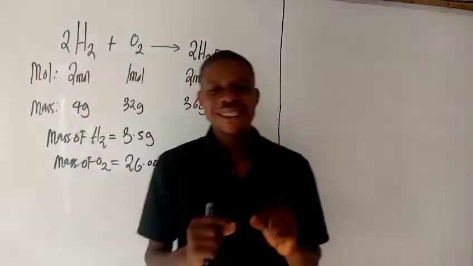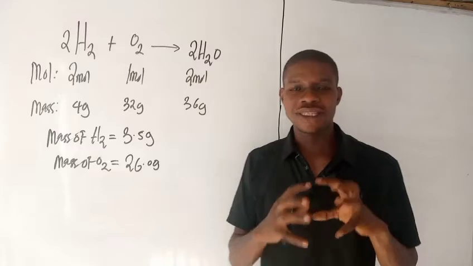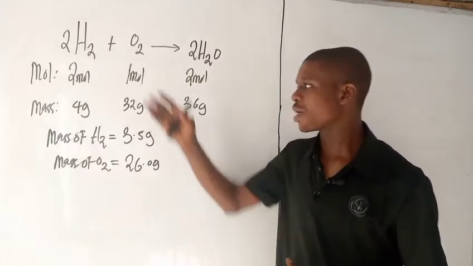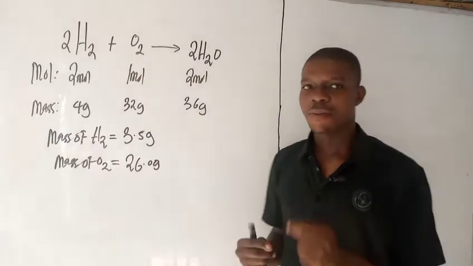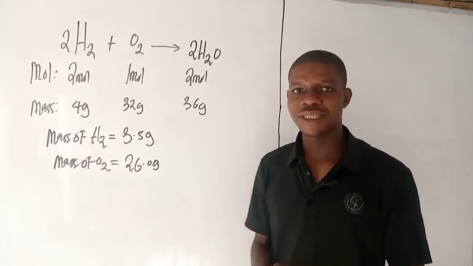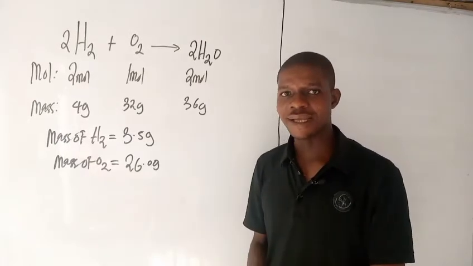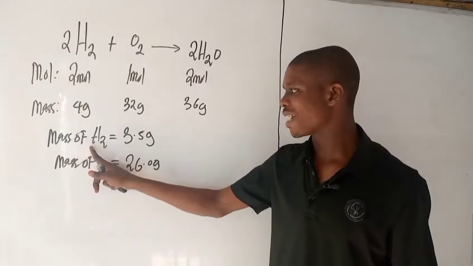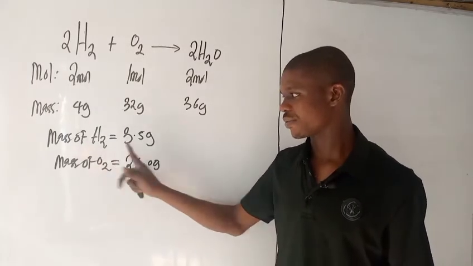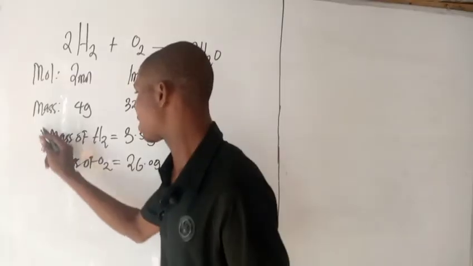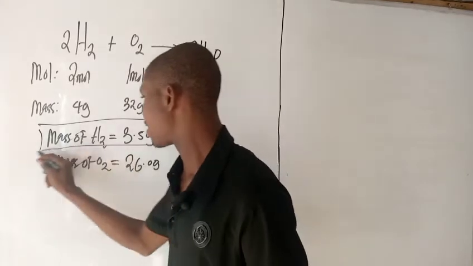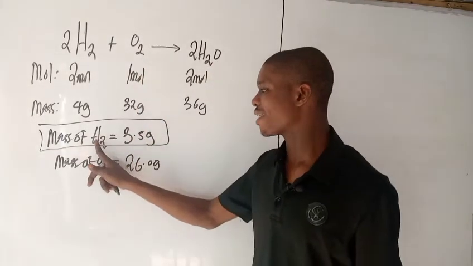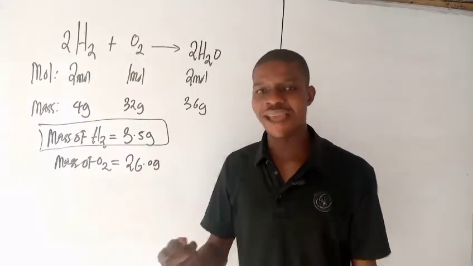So now to get the amount that will be left when the reaction stops, we are still going to use one here again, right? Remember, oxygen is the limiting reactant. The hydrogen is the reactant in excess. You get, and this was the mass given to me. It means that out of the 3.5 gram of hydrogen that was given, not all of it reacted.